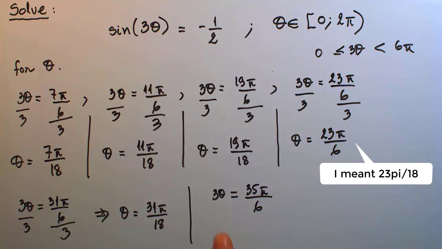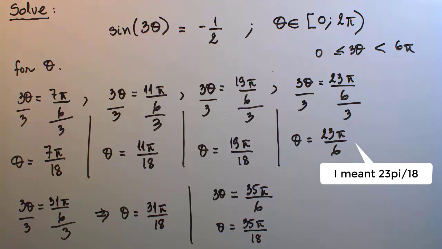And so once again, solving this little equation for theta, we're looking at theta equals 35 pi over 18, and allow me to skip the explanation of the step here because I believe any viewer has seen this long enough.